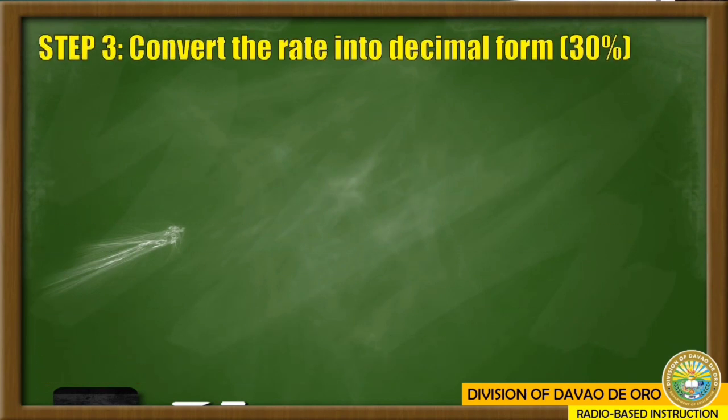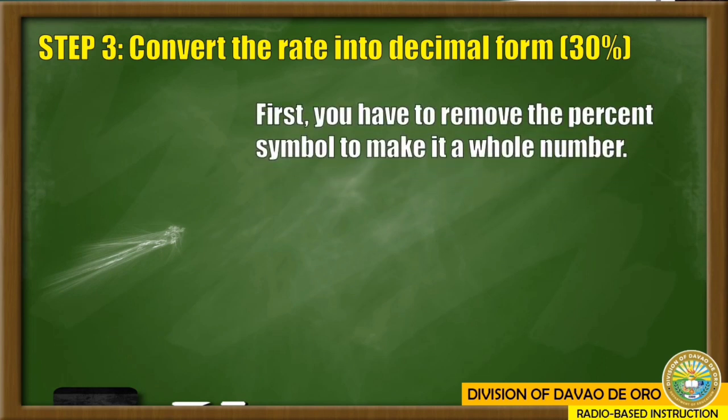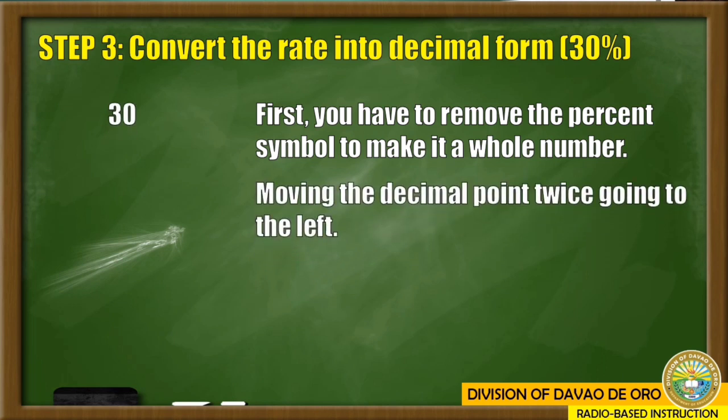Okay, let's convert the rate into decimal form, which is the 30%. Step 1. First, you have to remove the percent symbol to make it a whole number. So what number? Good job, 30. Second, moving the decimal point twice going to the left. So we have a decimal point after the 0.